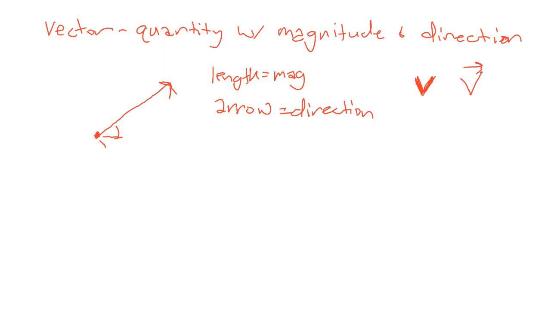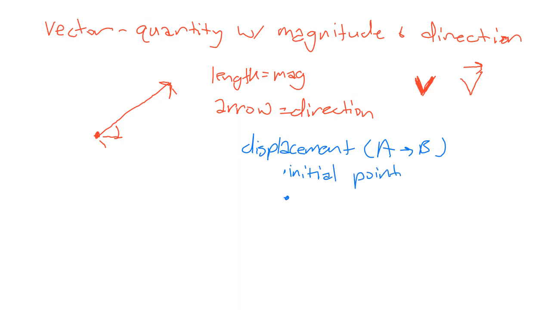So vectors can just exist at a point, or we can think about them as a displacement, going from point A to point B. If we're thinking about displacement, we have to have an initial point and our terminal point.